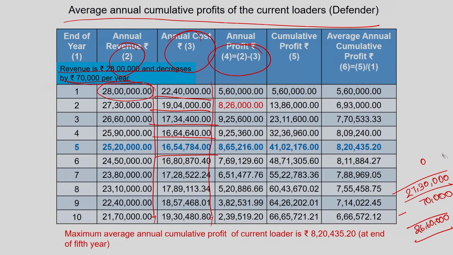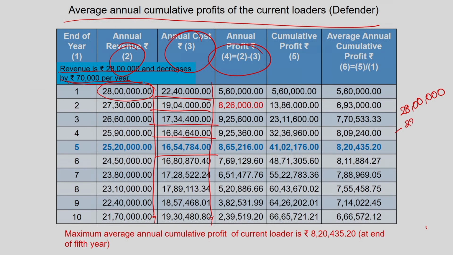So, how are you going to do it for the first year? The annual revenue for the first year is 28 lakh minus your annual cost for the first year, 22 lakh 40,000. So, this gives me the annual profit for the first year as 5 lakh 60,000. Now, calculate the annual profit for the second year. The revenue for the second year is 27 lakh 30,000.